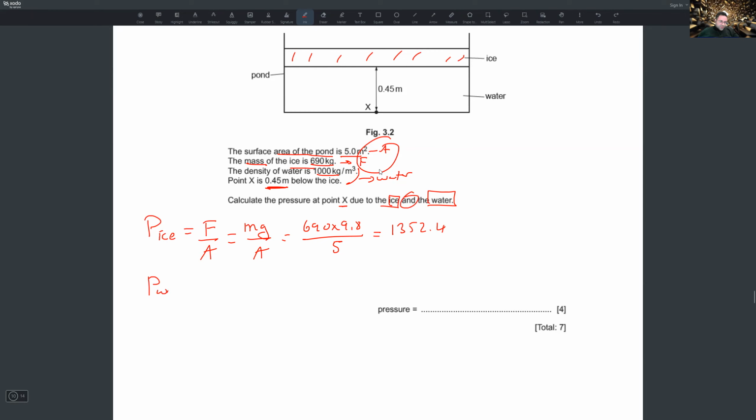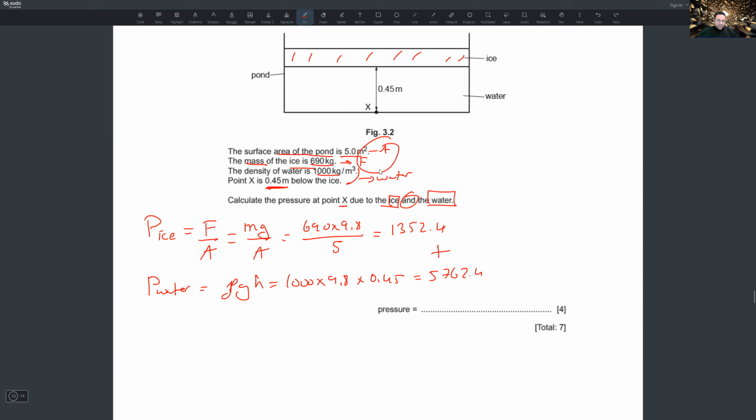So the pressure of the water is rho gh, which is 1000 times 9.8 times the height 0.45, which gives 5762.4. What do we do with these two?